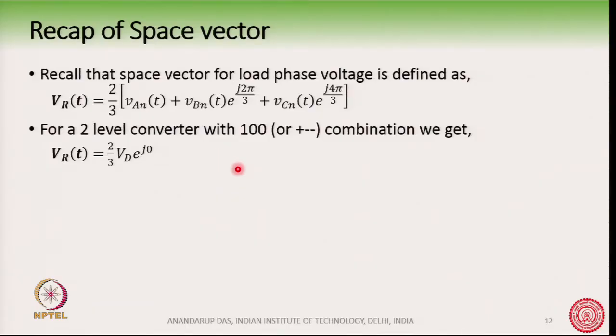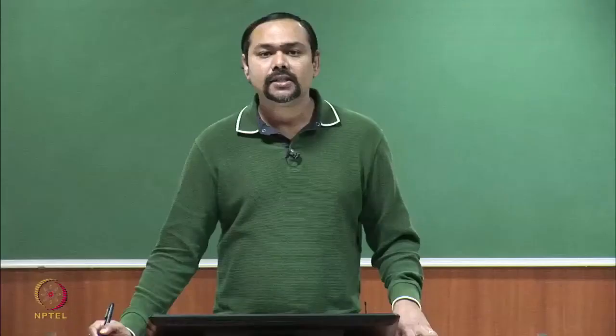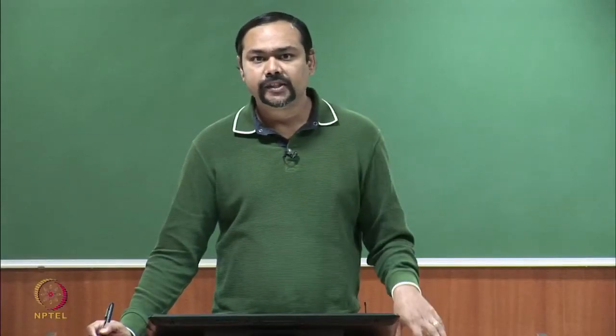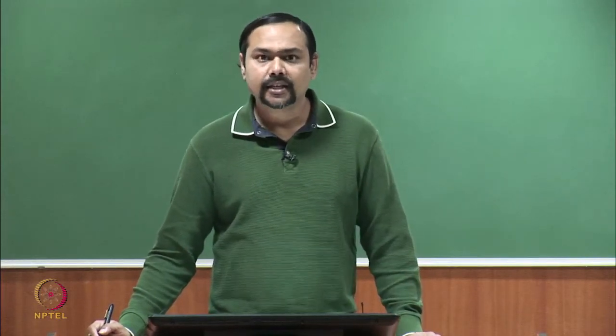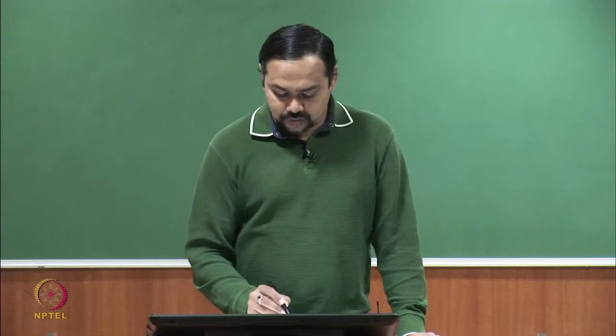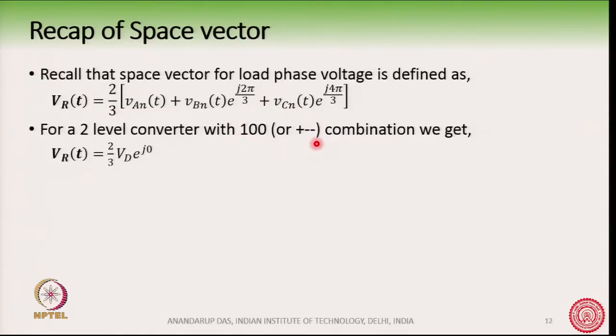So, you can recap that with a 1-0-0 combination or +-- combination, that means A phase is connected to the positive DC bus and B and C phases are connected to the negative of the DC bus. So, that combination is called a 1-0-0 combination or +-- combination.